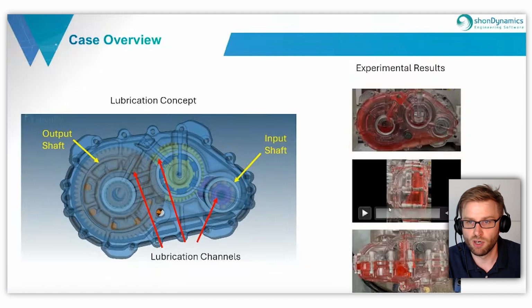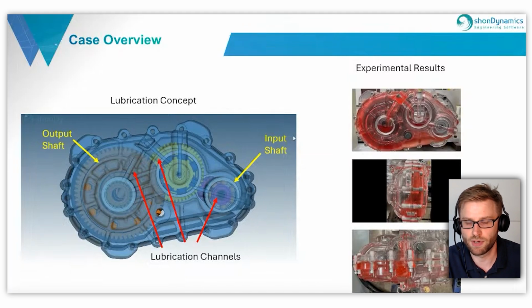And we will also compare our simulation results to experimental results. On the right side, at normal temperature, so at room temperature, these are the experimental results. So I hope you get an idea what I want to show you now, and then we can directly jump to our software.